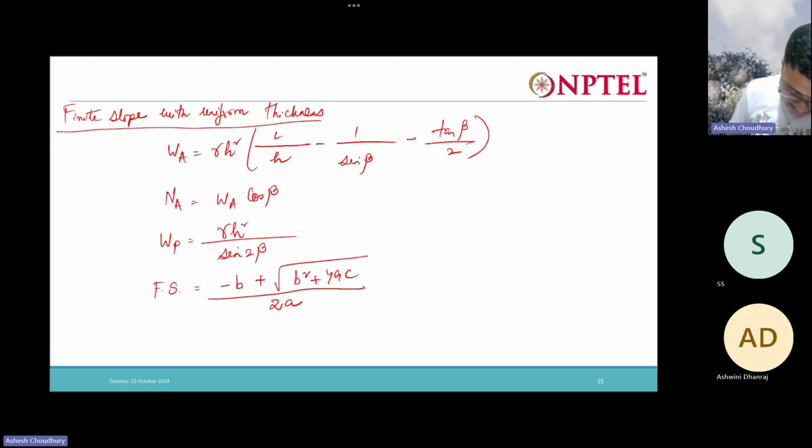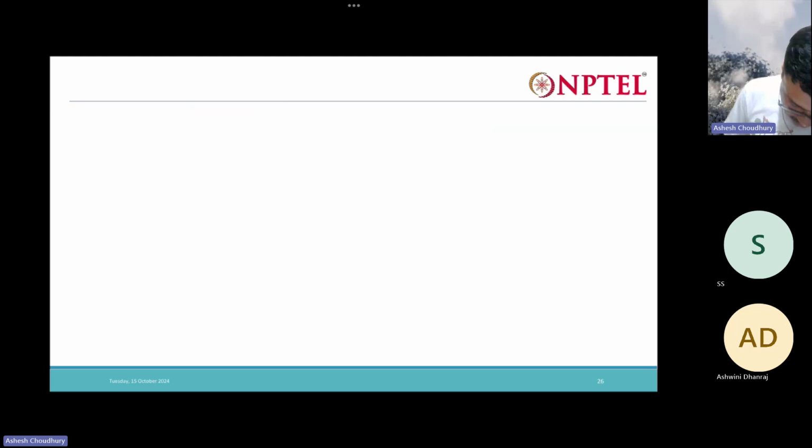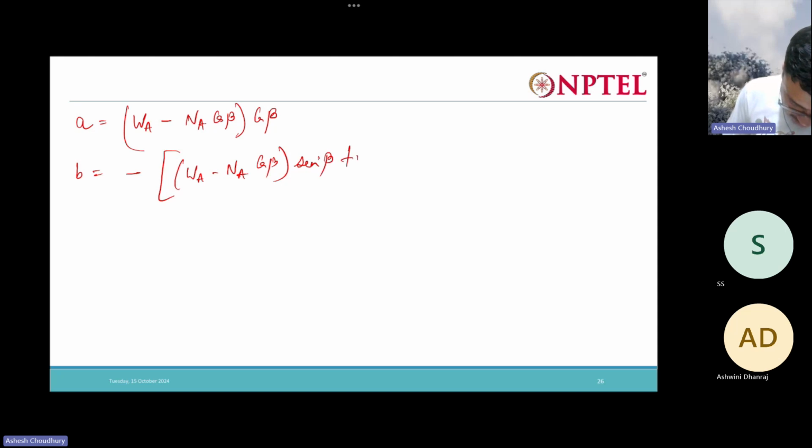Okay, this is the factor of safety, and how to get all the quantities. So A is, okay, A is... so match all these things with the book. In the book everything is given. There might be some mistakes while I write it here, so please verify all the expressions and everything from the book.